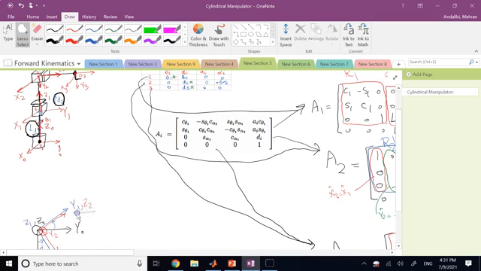So let me get this somewhere else where I have a little bit more room. What you really have is, along this direction Z2, some distance D3, like this, for example, where this distance is D3.